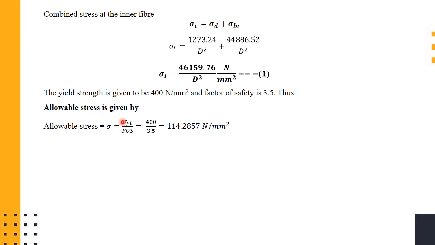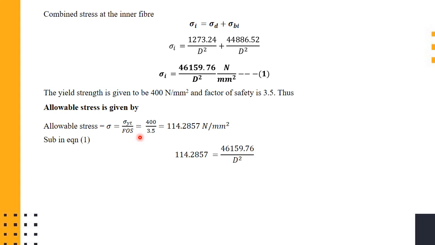So yield tension divided by factor of safety will give you the allowable stress.